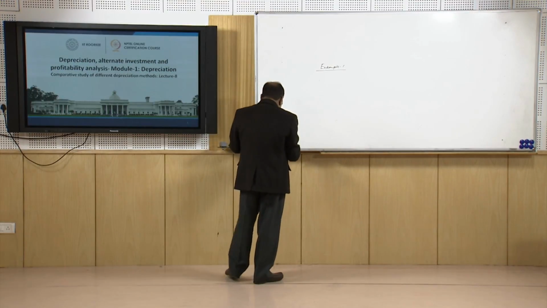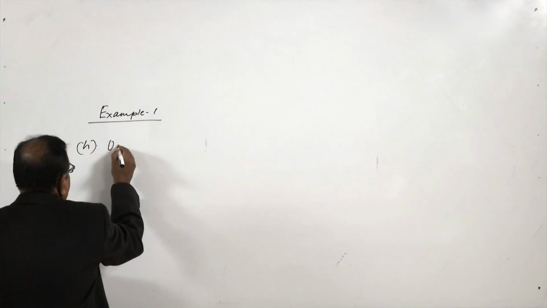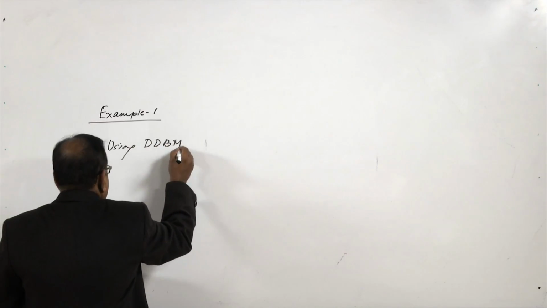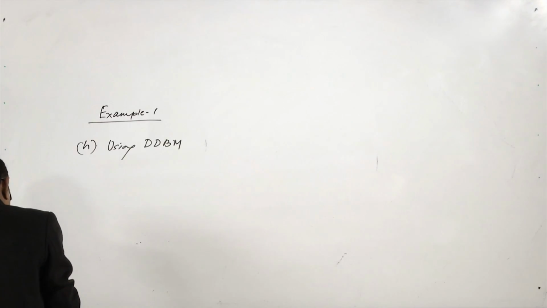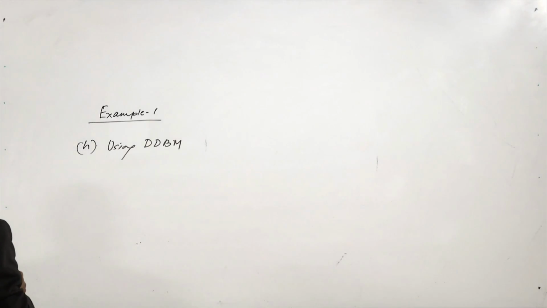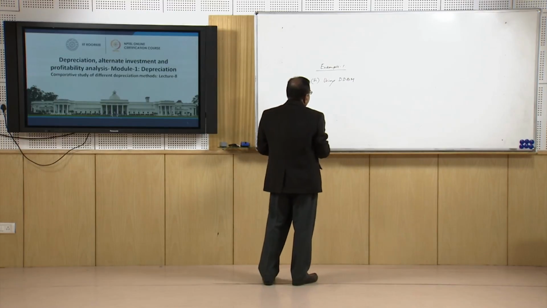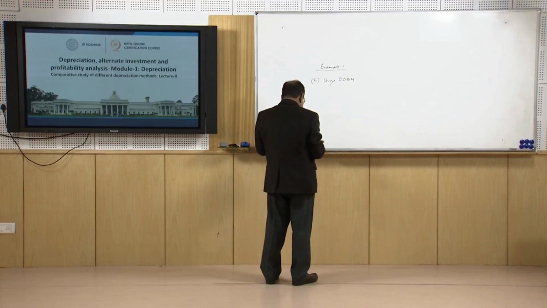Now if we go for H part, using again DDBM method, here I have to calculate the depreciation for the first 5 years using DDBM and the next 5 years using straight line method.